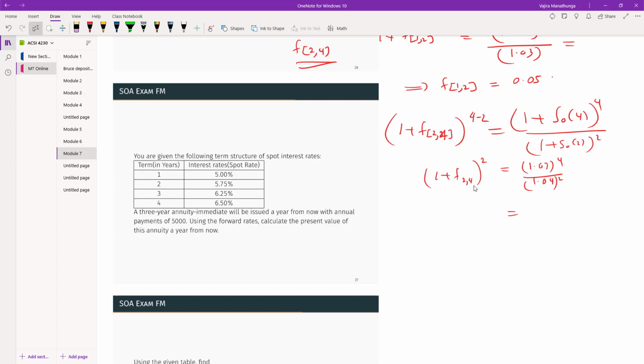So 1.07 to the 4 gives me 1.21190, and then that would give me 0.5, or 10%.